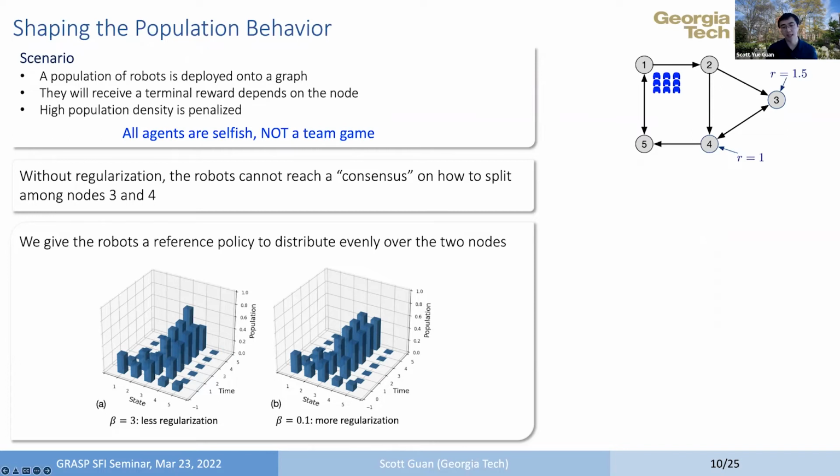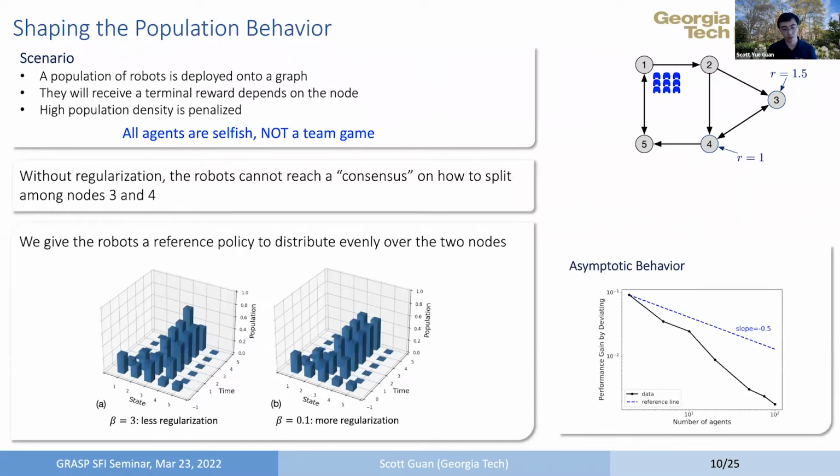So we can shape the population behavior by playing with the reference policy and the inverse temperature beta. Different from directly forcing the agent to follow a reference policy, which we can always do, this mean field approach still gives the agent some autonomy to decide its behavior based on the rewards. And we can change the level of this autonomy through beta.